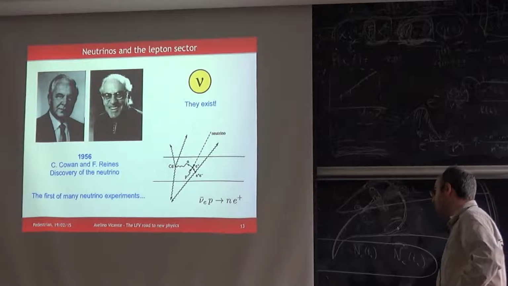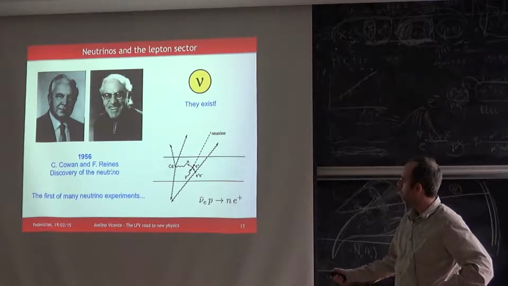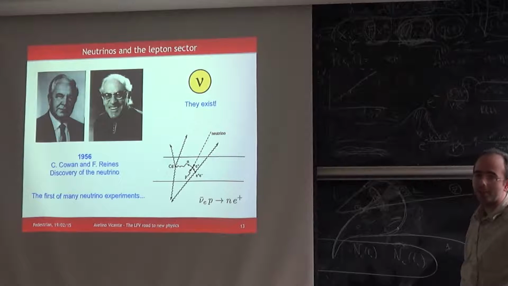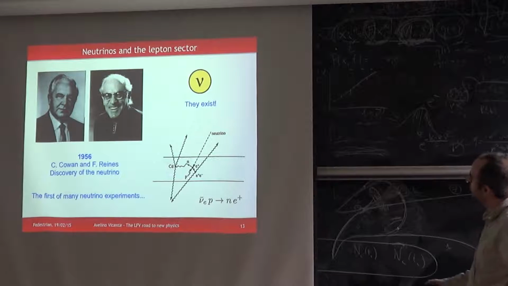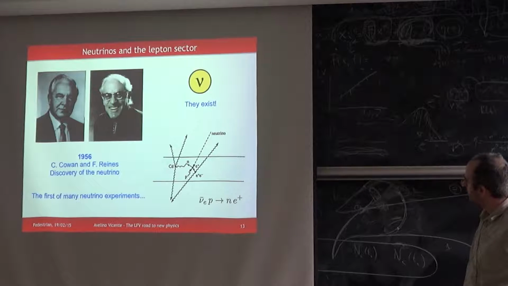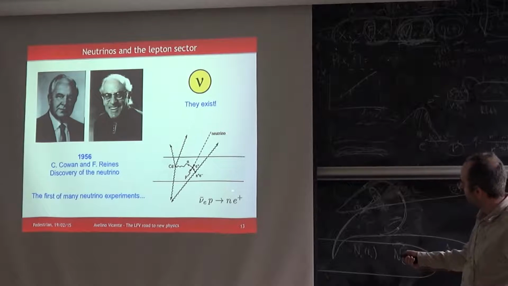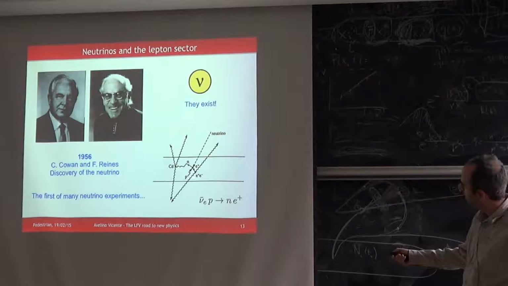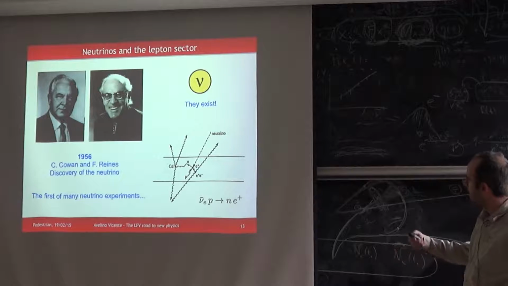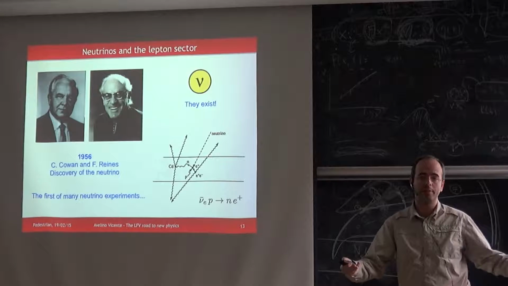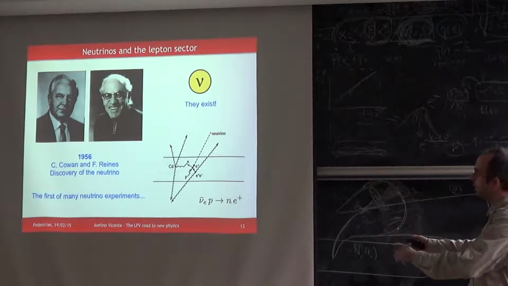And 26 years later, neutrinos were actually discovered, and this was done by these 2 guys, Cowan and Reines. They were in the US, and they did a very clever experiment. They discovered neutrinos, actually antineutrinos, by using this process. They have here some water, and they realized that neutrinos would be produced in massive amounts in nuclear reactors, so they put the detector next to nuclear reactors.